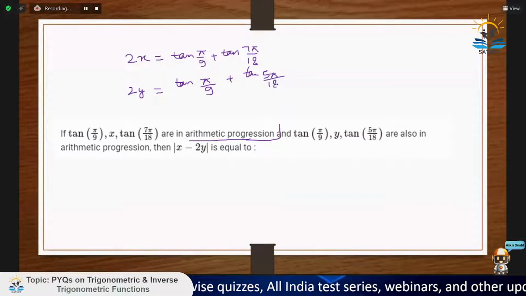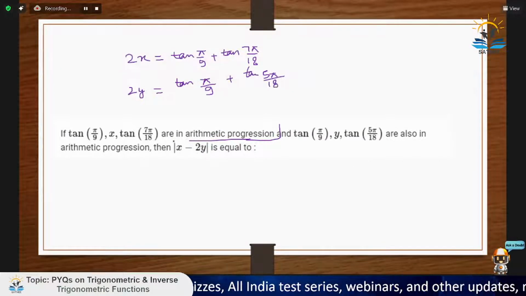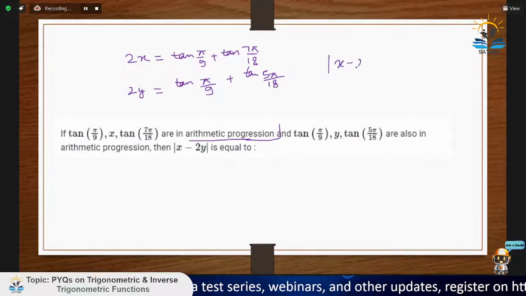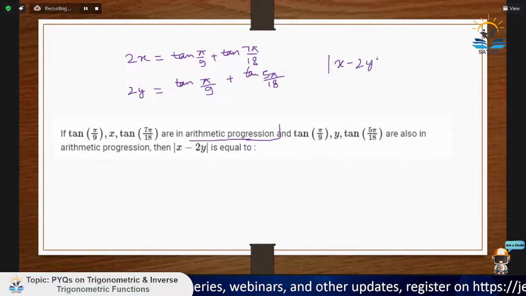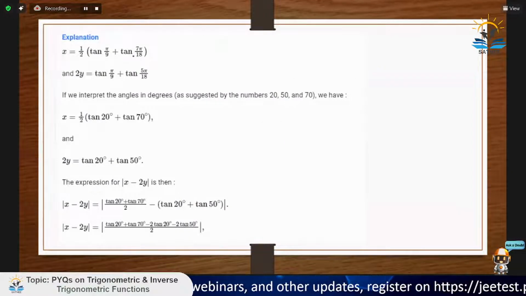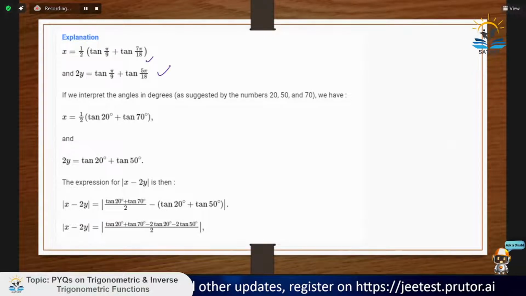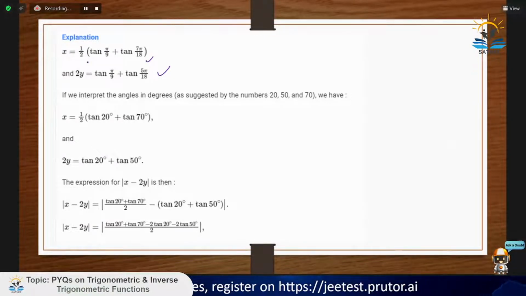Okay, so these two expressions are given to you. Then the value of mod of x minus 2y is being asked. So now you need to tell the value of mod of x minus 2y.